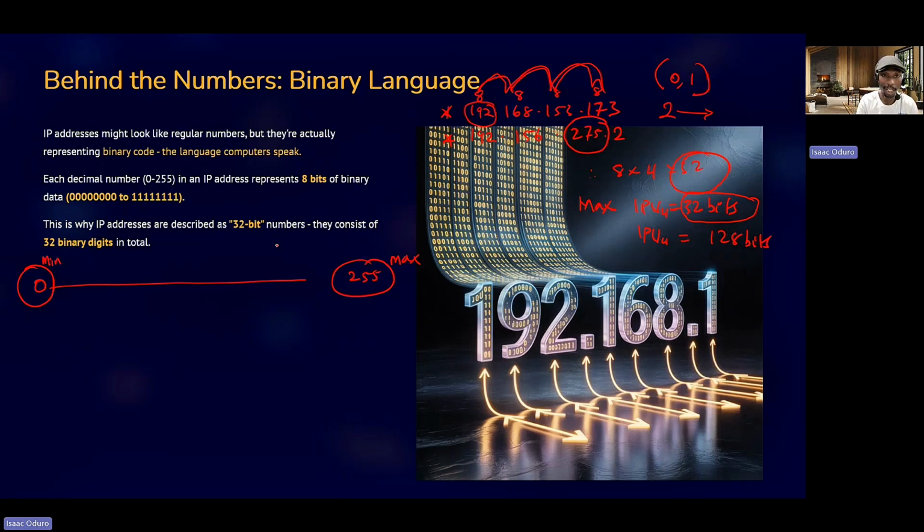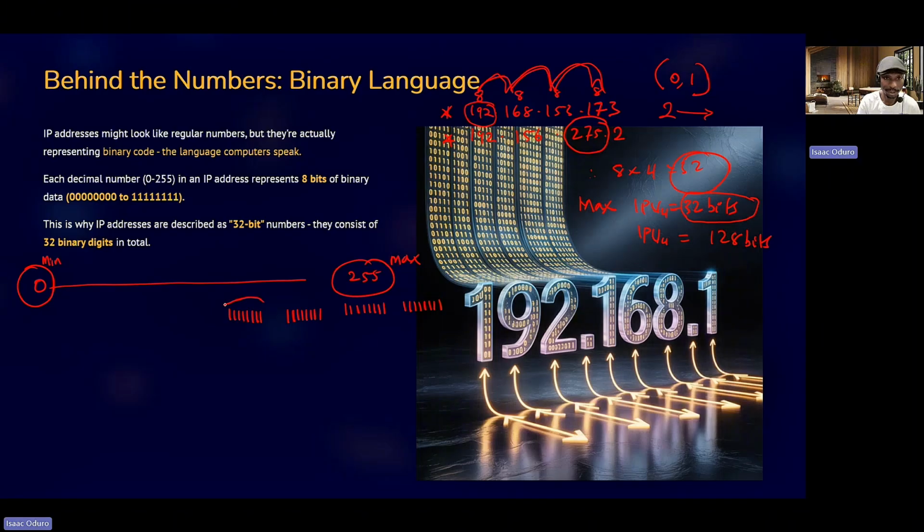Now let's come back to how we discovered the 255. You remember, as I explained here, that every part of the IP address contains 8 bits: 1, 2, 3, 4, 5, 6, 7, 8. And another one takes 8 bits, and another, and another.